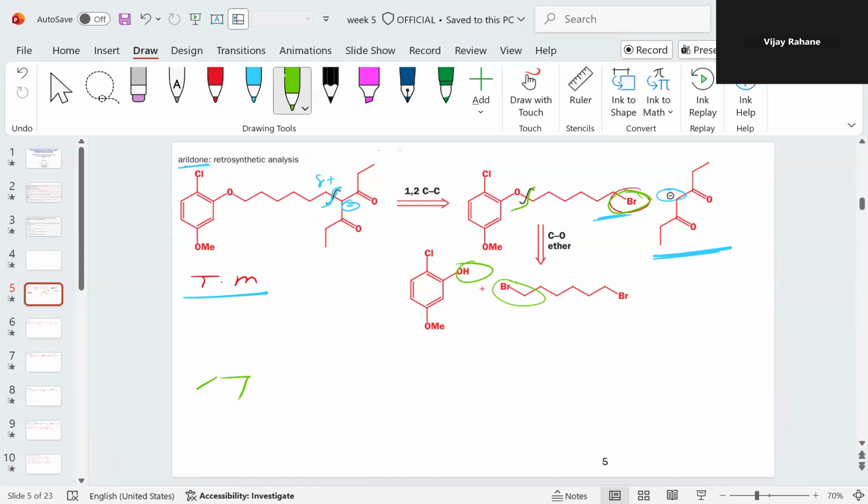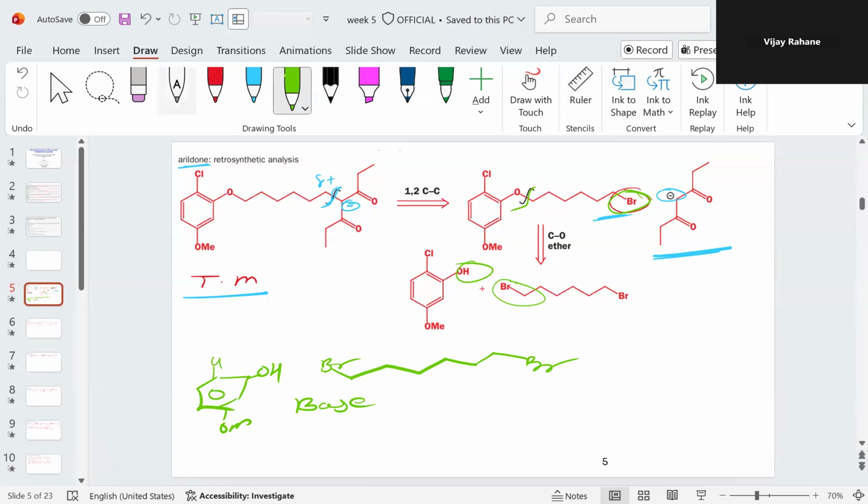So we have the starting material, which has this methoxy group and the chloro substituent with this hydroxy. And if you perform the reaction of this with this bromo compound, what happens in the presence of the base?